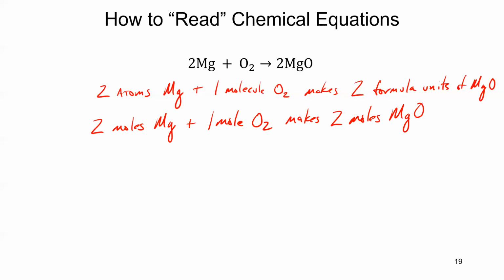That is by far the way that we will think about it the most, talking about these mole ratios. Notice it's exactly the same ratio as using atoms and molecules, but we think about it in terms of moles more often.